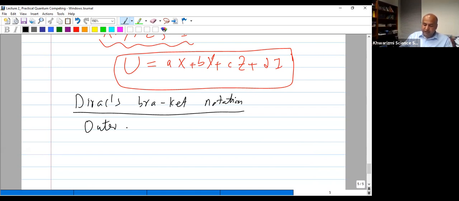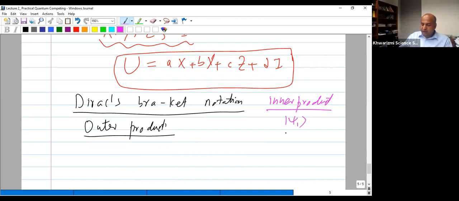So previously we had inner product. So inner product of two states, for example, if you have psi1 and some psi2, the inner product is simply you convert one into bra and keep other as ket, and then you evaluate this inner product.